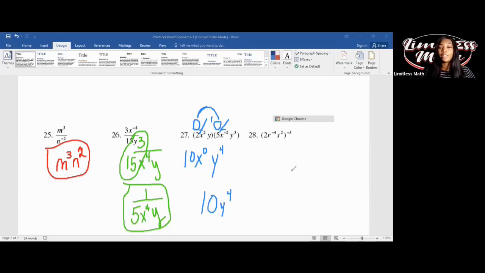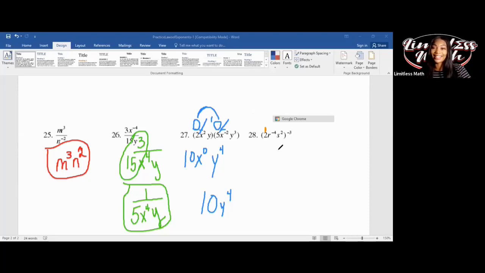So here we would need to use the power of a power rule. And remember, I told you, you want to make sure everything has a labeled exponent, so you don't forget anything, you don't leave it out. So let's label the 2 with a visible 1. It's already invisible. So now the 2, the r, and the s all have an exponent.